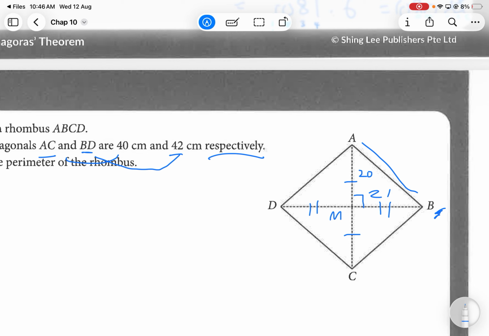Okay, 12. 11 you do as homework. Let us look at 12. We still have 5 minutes.